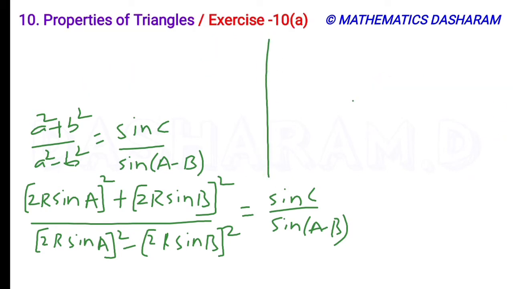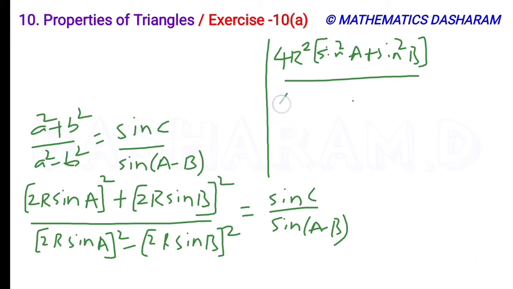So (2R sin A) whole square is 4R². Then overall we can take 4R² common from the numerator. So then sin²A + sin²B.